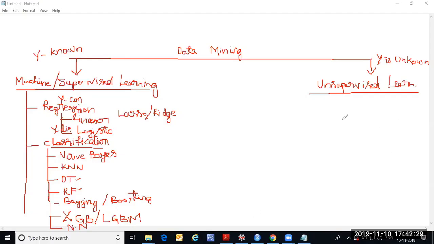And as part of unsupervised learning, we will be discussing clustering, where we will discuss two different techniques: hierarchical clustering and k-means clustering.